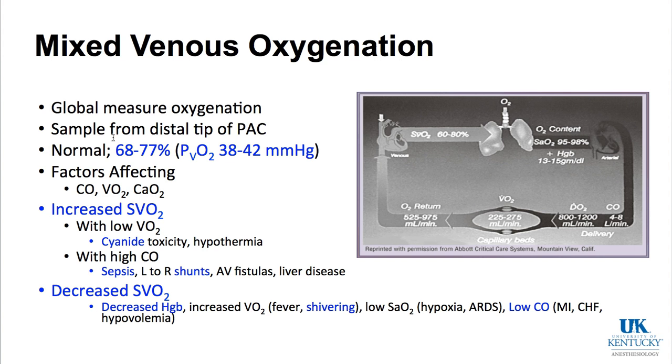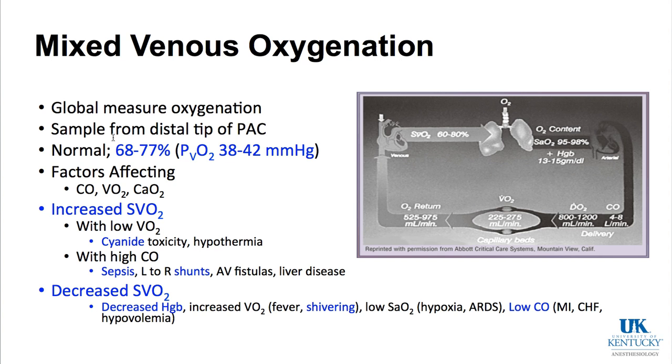If you happen to be shivering in the postoperative period, the example that we gave earlier, shivering increases oxygen use by the tissues. And if you continue the same delivery but use more, you would then be in a situation where you would have to extract more oxygen from the hemoglobin and have a decreased SvO2.